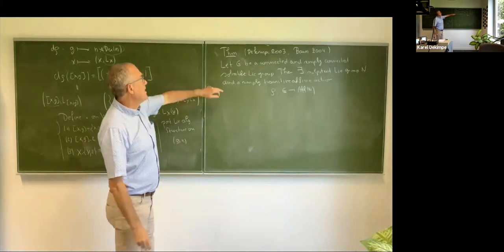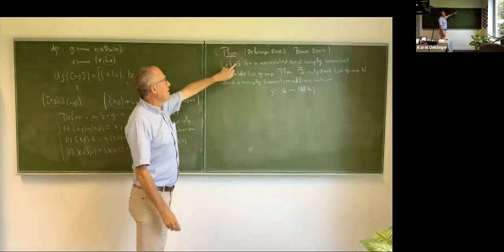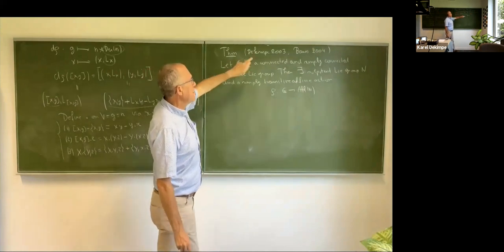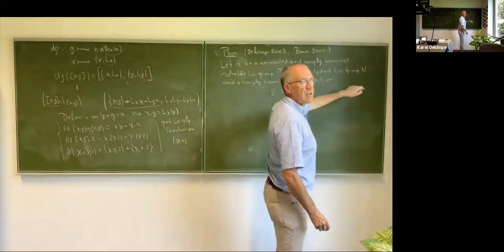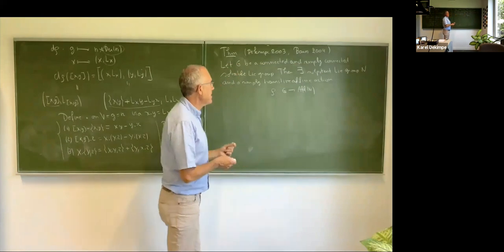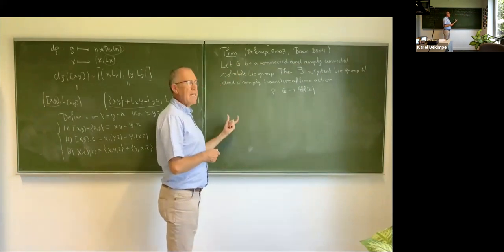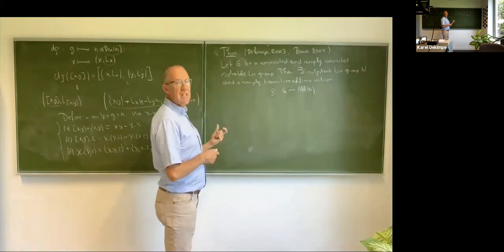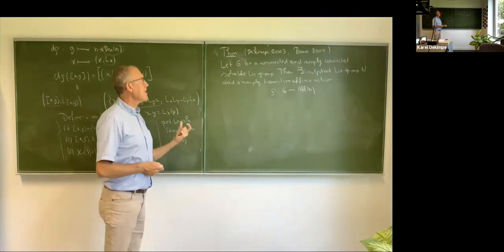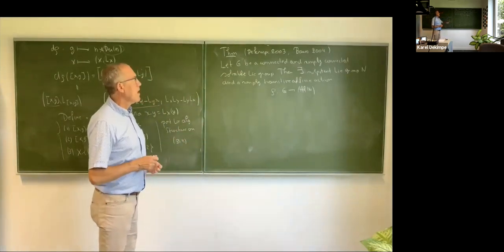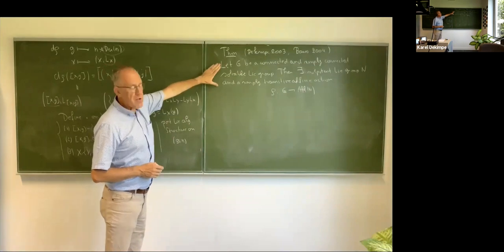Or said differently, if you have a solvable Lie algebra G, then there exists a nilpotent Lie algebra N on the same underlying vector space, such that the pair Gn admits a post Lie algebra structure. This is exactly an analogous theorem. Okay, I will not go further into this.